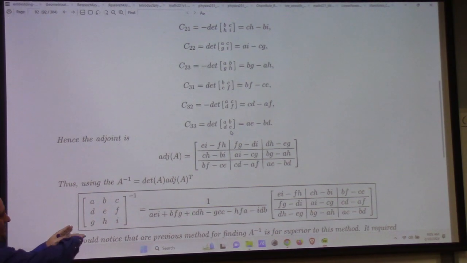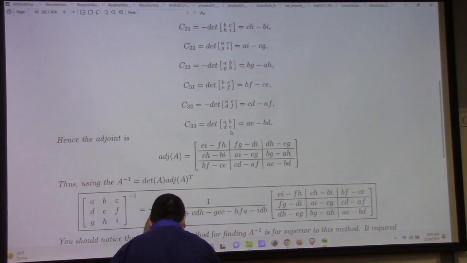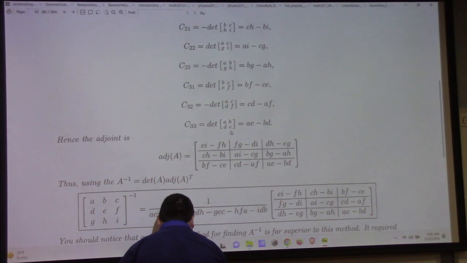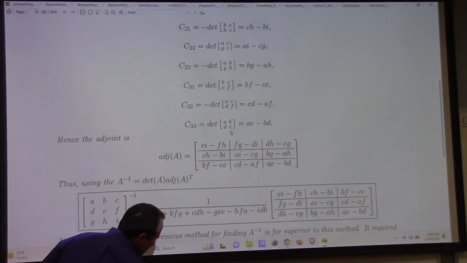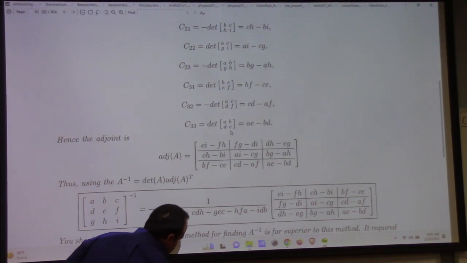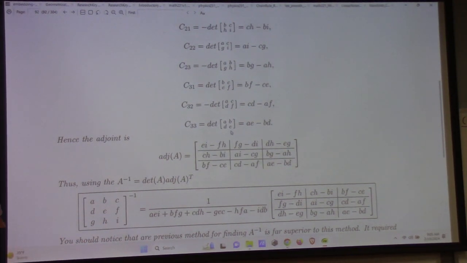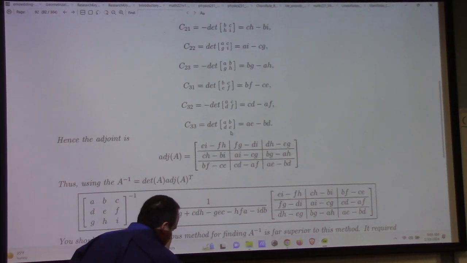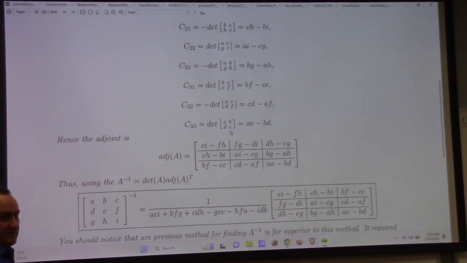So if I write down A, B, C, D, E, F, G, H, I, and then write it again, A, D, G, B, E, H, then you've got these diagonal products, and then the other ones, G, E, C and so on, with minus. That's the Fruit Ninja determinant calculation I was telling you guys about the other day.